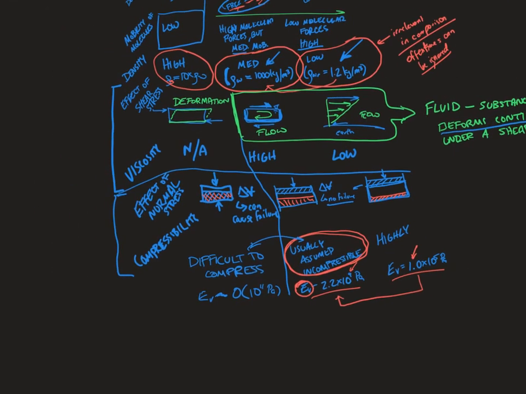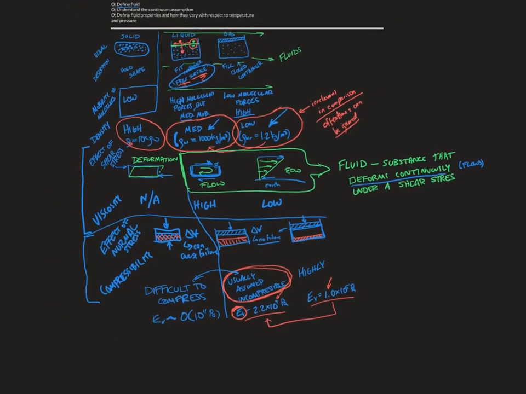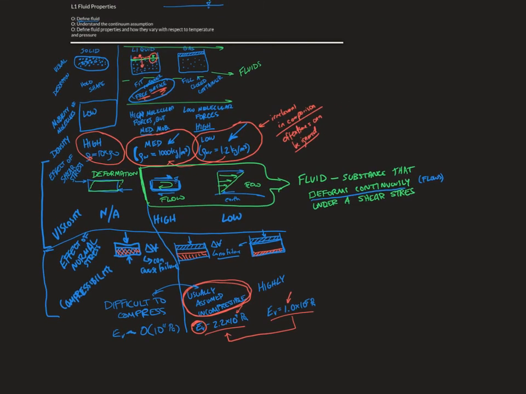Okay, so what we're going to do now. So this is kind of the idea here. And now you're kind of like, okay, well, this was a lot. I hope that you have a mental image of solids, liquids, gases, and what a fluid is. We're going to talk very specifically about the compressibility of the fluid, viscosity. We're going to have a whole class, or at least half of the class, on viscosity, and shear stresses and density and things like that.